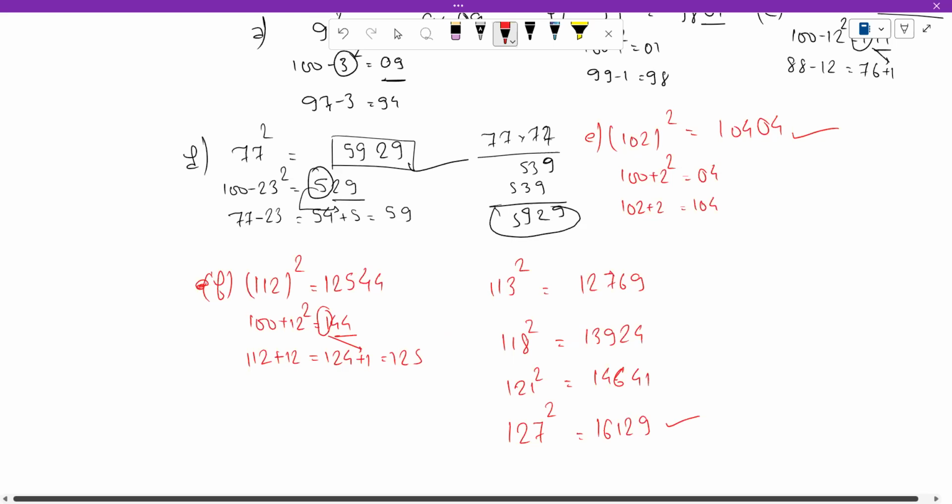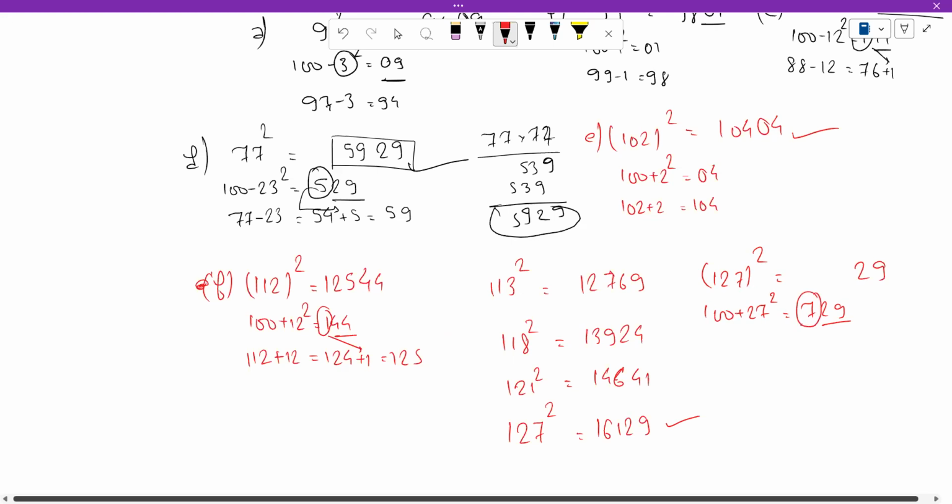What I did here: suppose I have to find the square of 127. It is 100 plus 27. Now I'll square 27, that is 729. This 29 will come as my last two digits, and this 7 will carry over.